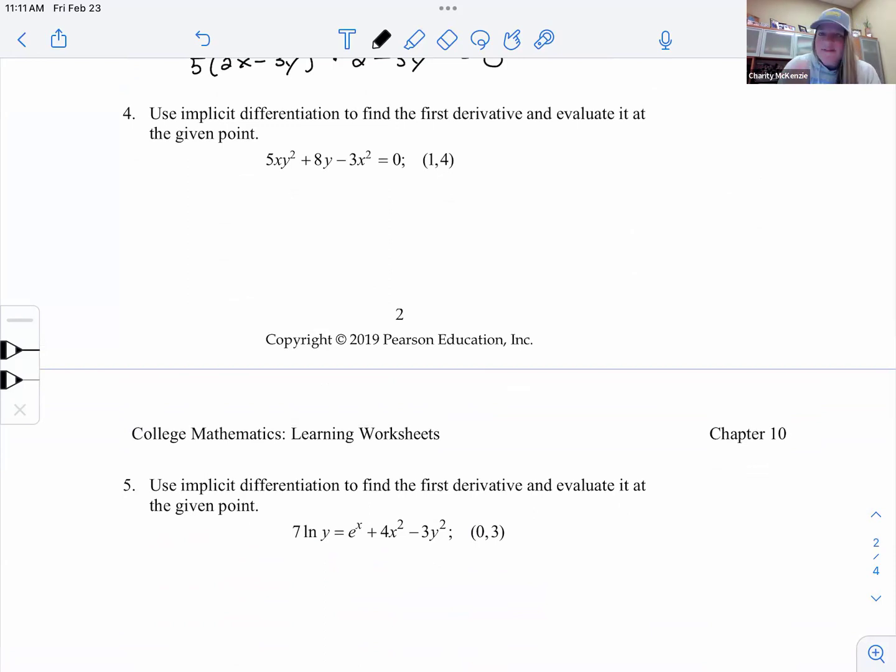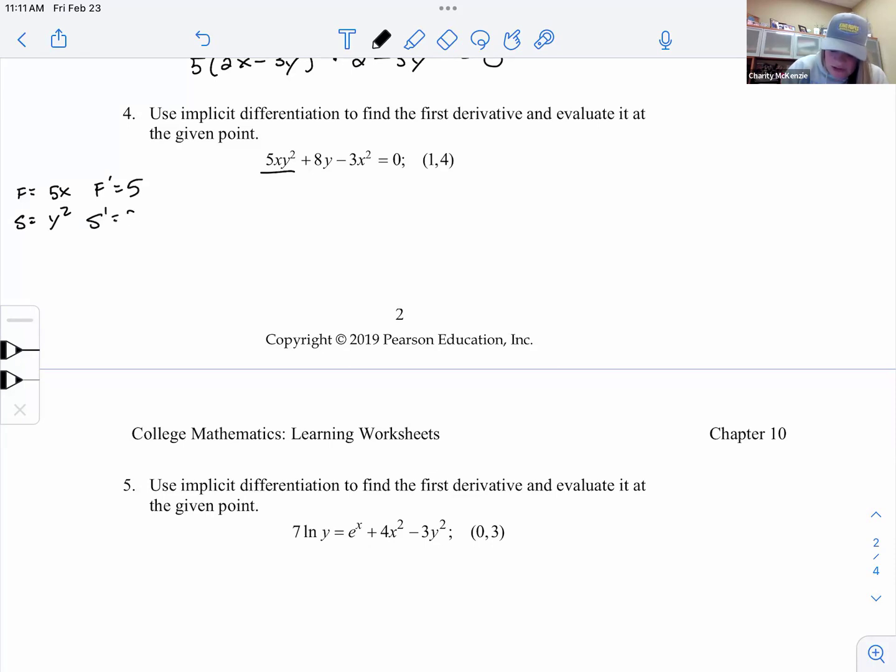So when we look at 5xy to the second, that is 2 terms, or product rule, right? So just for this term, I need to look at it as 5x for the first thing, and the second one is y squared. The derivative of the first one is just 5.